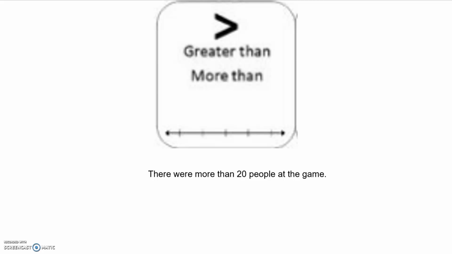So for example here, there were more than 20 people at the game. Okay, so the number of the people at the game, we would choose a variable to represent that, and that was more than 20. If we put 20 on our number line, we would use an open circle here and an arrow to the right.